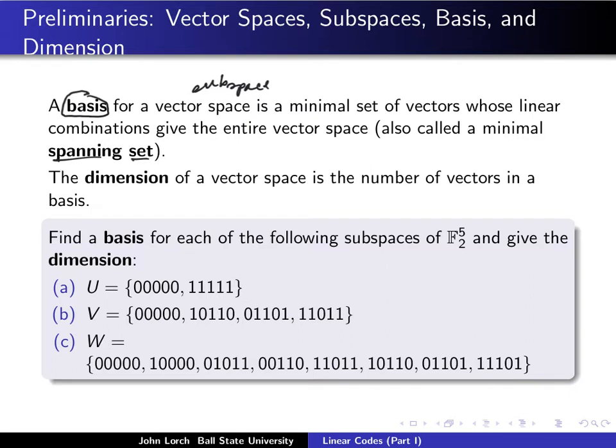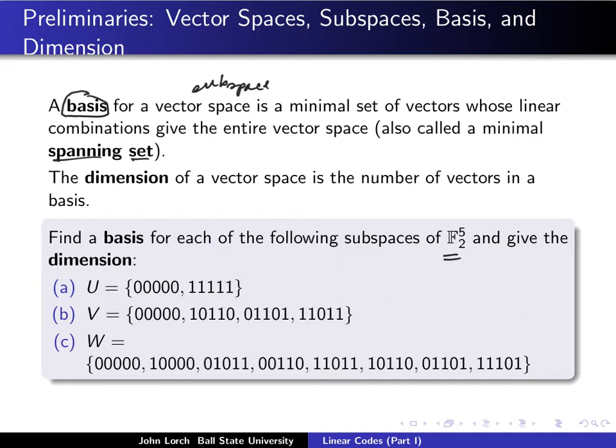All right, so here we're given an exercise where we're to find a basis for each one of these subspaces of F2^5, that is strings of length 5 over F2.